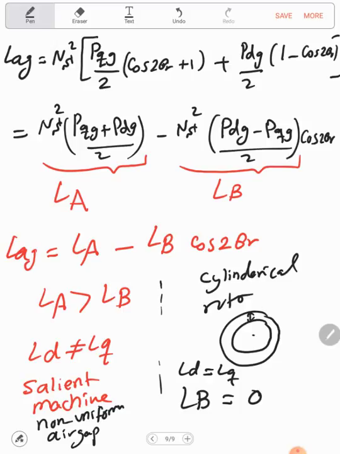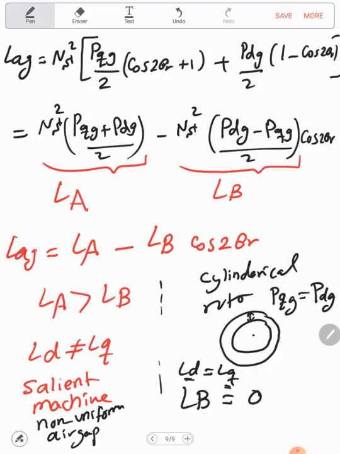So for a cylindrical rotor or wound rotor, the permeance PQG will equal the PDG, which means that the inductance along the D axis will equal the inductance along the Q axis, and in this case we end up with the magnetizing inductance being a constant value equal to NS square (PQG plus PDG) over 2, which means that the inductance depends only on geometry, and this is the conclusion that we reach in the induction machine.